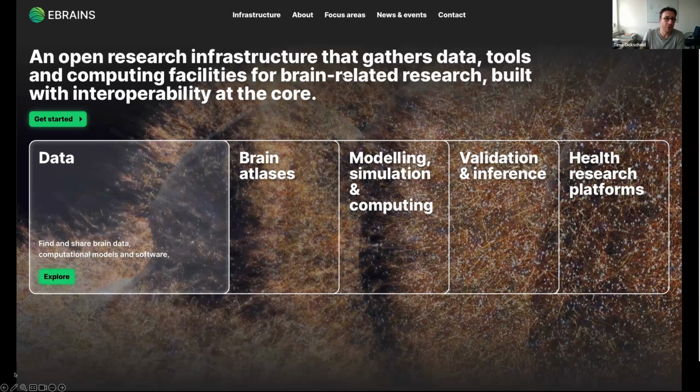So when you go to this page, ebrains.eu, you will find several categories of services there, and you can share data. You will find brain atlases. This is what we talk about today, and to a large part also the rest of the week. But there will also be services for modeling, simulation, computing, and also health research. So several categories of services there.